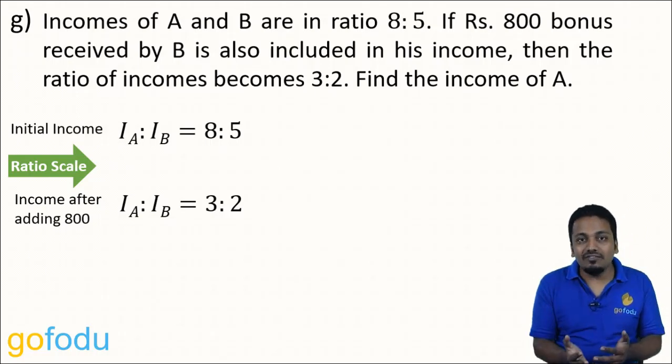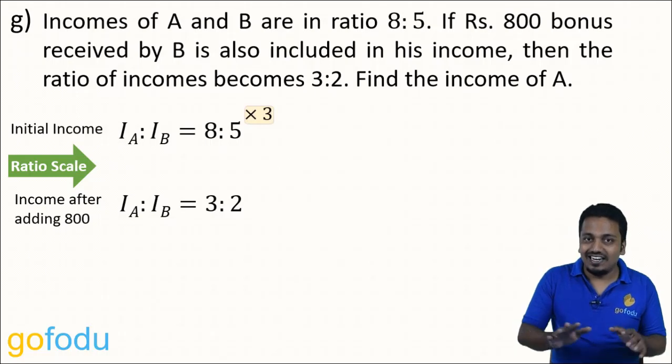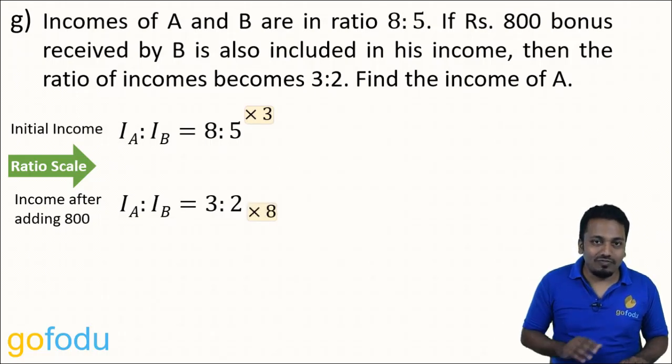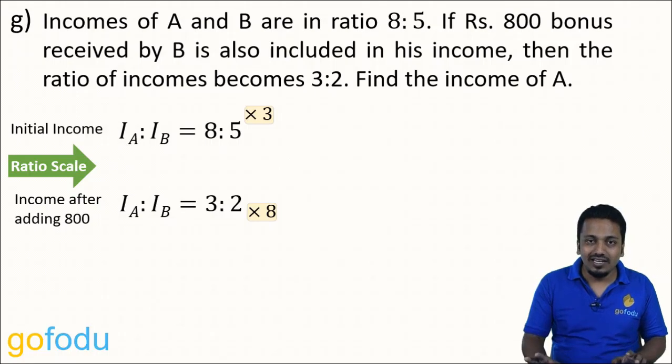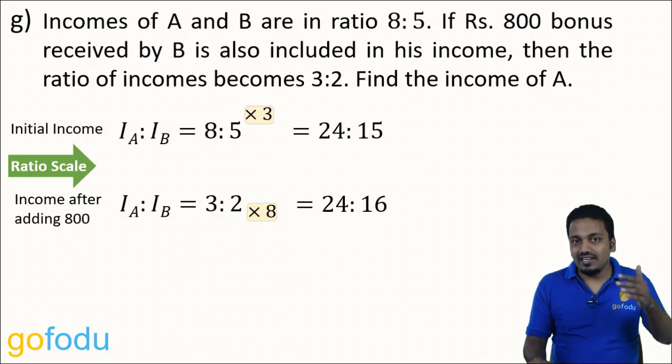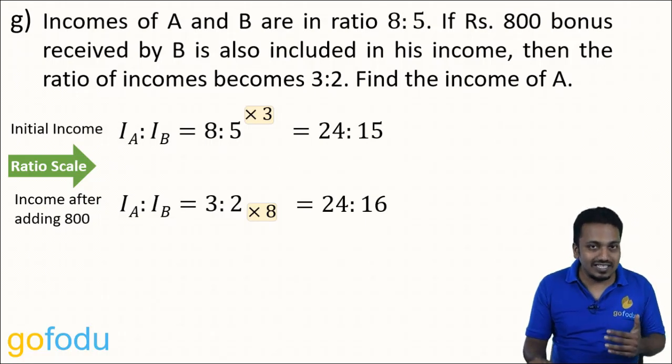So we can multiply the first ratio throughout by 3 and the second ratio throughout by 8. Multiplying throughout will not change the meaning of the ratio. Okay, we can multiply a ratio throughout by a number and the meaning of the ratio will still be the same. So the new ratios are 24:15 and 24:16.